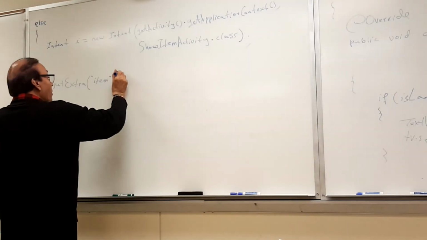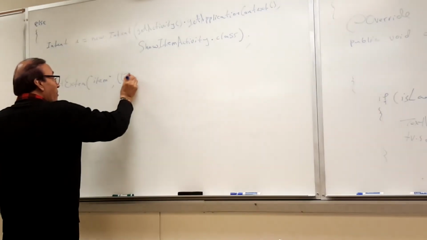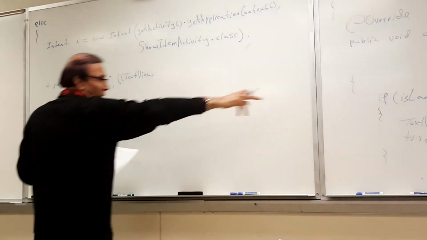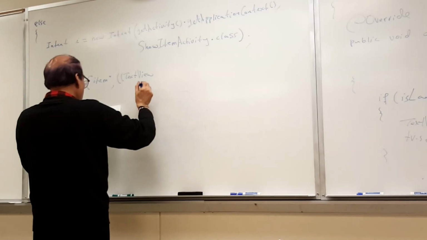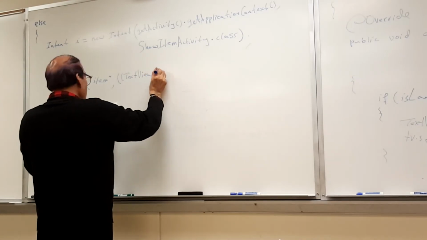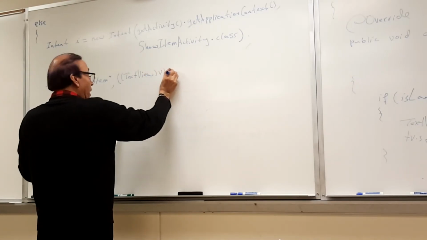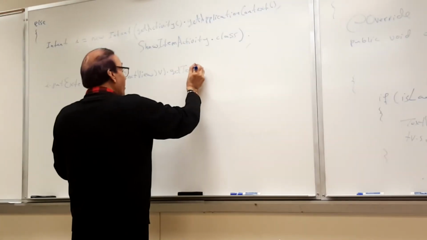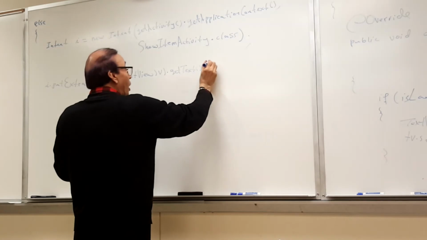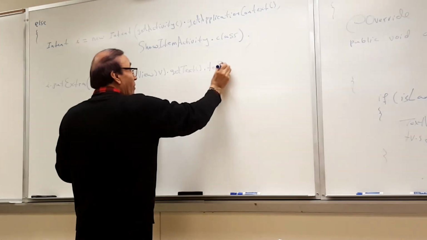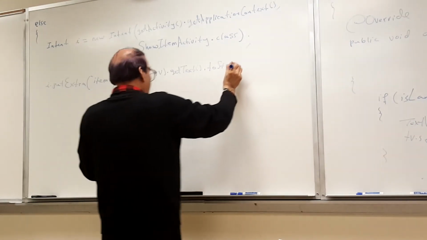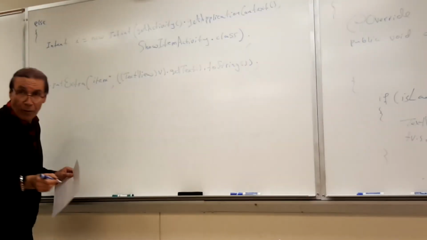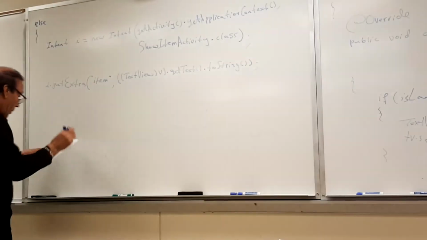This is the text. Maybe I should do it myself. How about just the last view? V dot get text, dot convert it to string. And now what should I do? Start the activity. Okay, it is good.